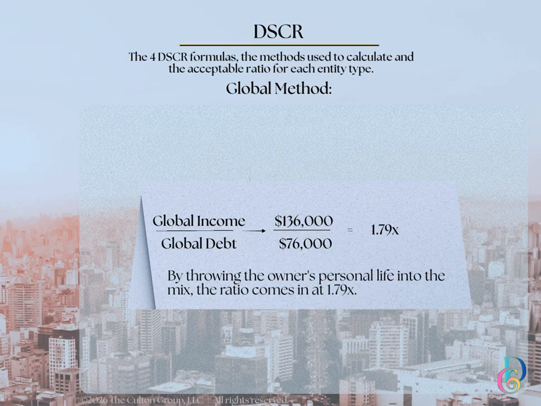And by throwing the owner's personal life into the mix, the ratio comes in at 1.79x. So it has its good and bad sides, but we'll get into that when we look at the pros and cons. That's the global method.